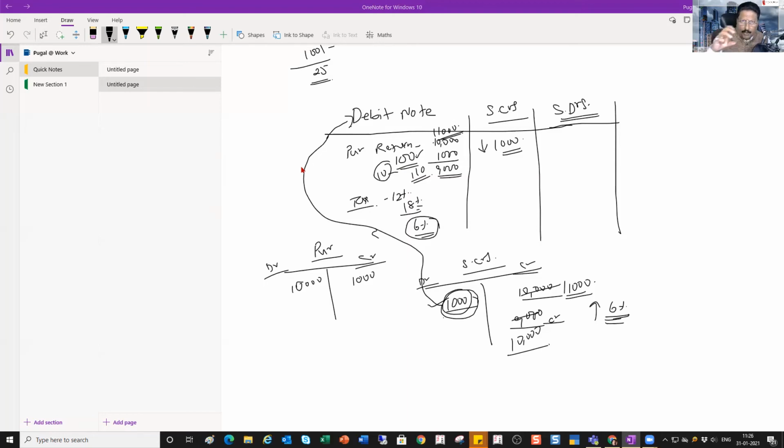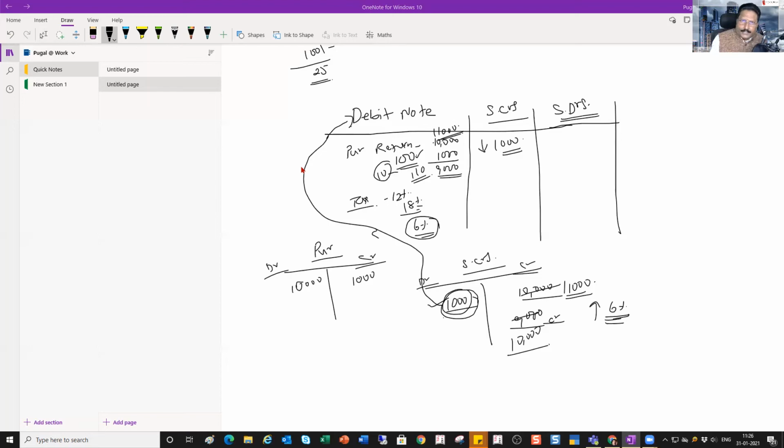So use case number one, purchase return: the value of your outstanding to be paid is going to reduce, debit note passed. Where the supplier has charged you excess amount, you have to reduce to the extent of the difference in the excess value you are going to debit. Again, your outstanding is going to come down.